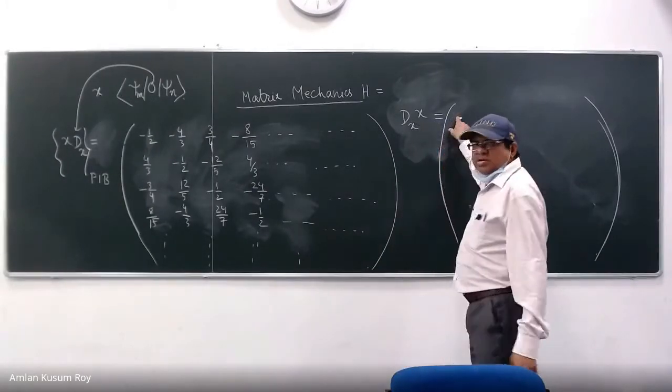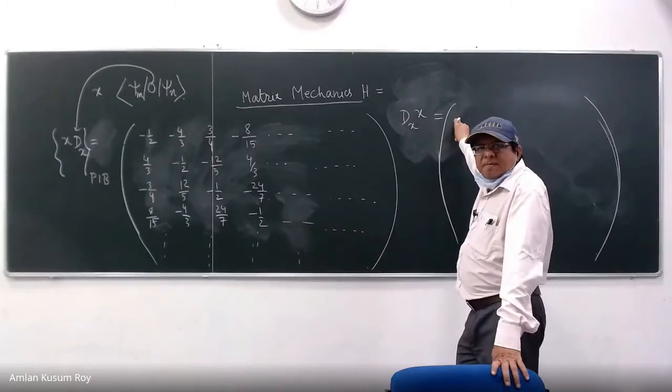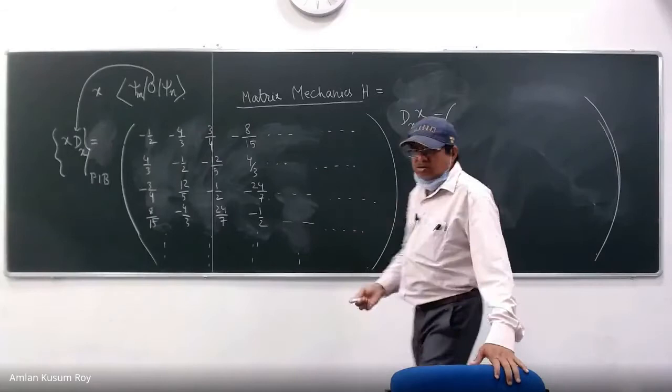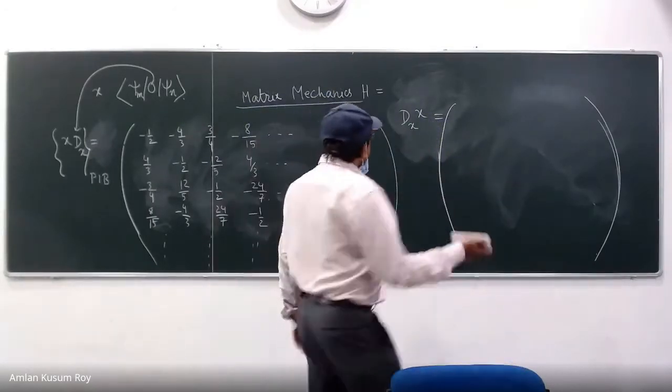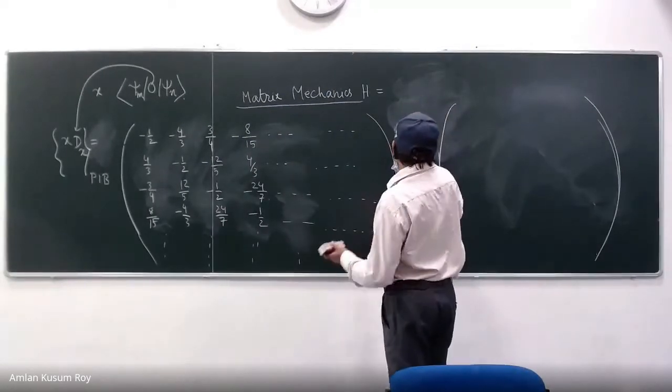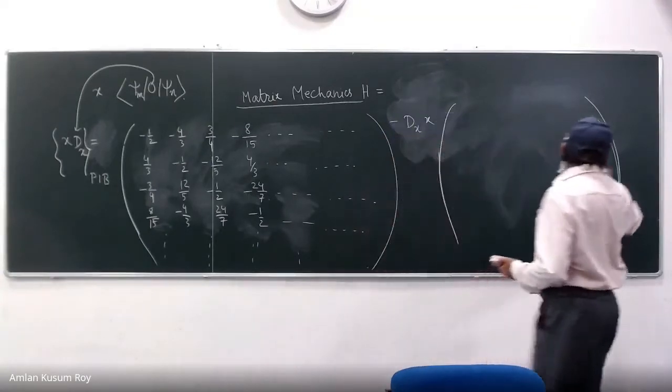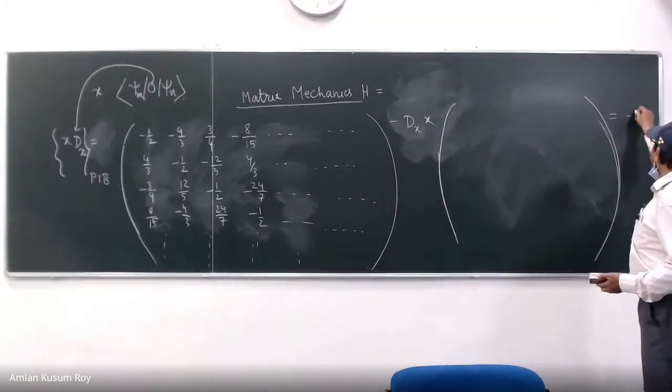So what should be happening? What has to happen is that this minus this, that is actually this, should give you -1.